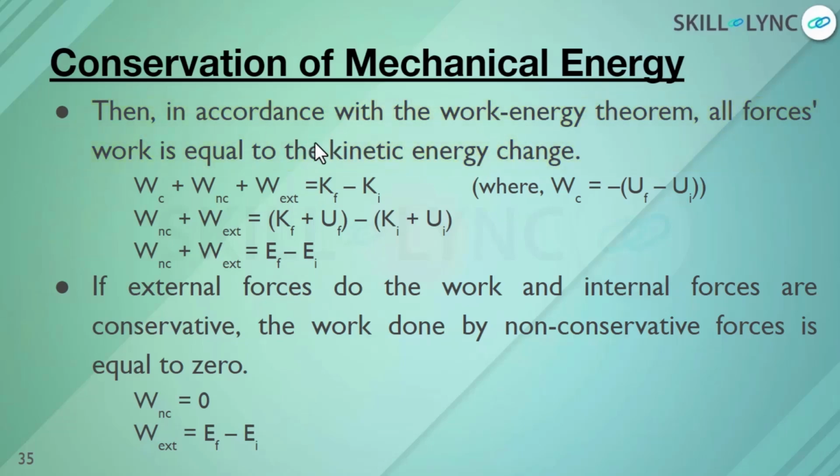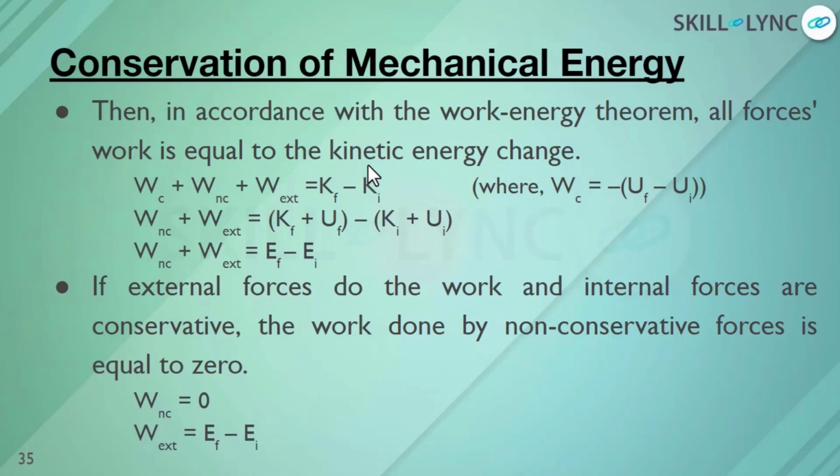Therefore, we can write that work done by the conservative internal forces plus work done by non-conservative internal forces plus work done by external forces on the system, the sum of all these works, would be equal to Kf minus Ki, that is, kinetic energy final minus kinetic energy initial, where we already know that work done by conservative forces can be written as minus of Uf minus Ui.